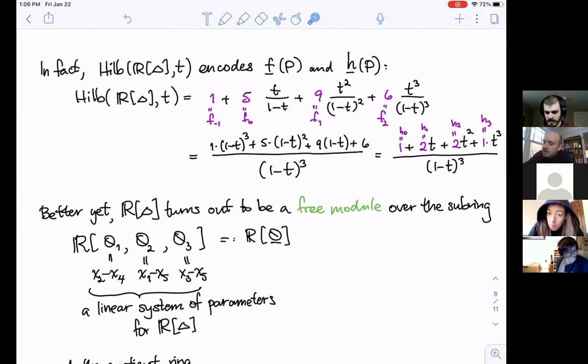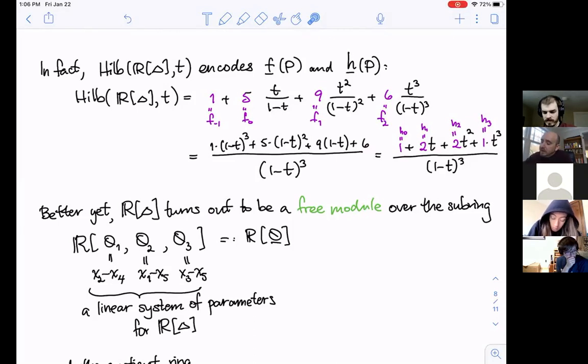So I claim it's easy to write down the Hilbert series of a Stanley-Reisner ring. And in fact, it is very succinctly encoded by the f vector and the h vector for your simplicial complex. So we're going to start talking about the f vector of a simplicial complex. f_i is the number of i-dimensional simplices. And then we do this transformation to the h vector, which is just those transformed coefficients.